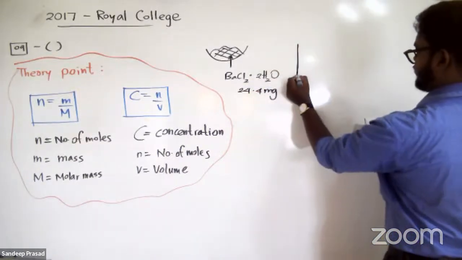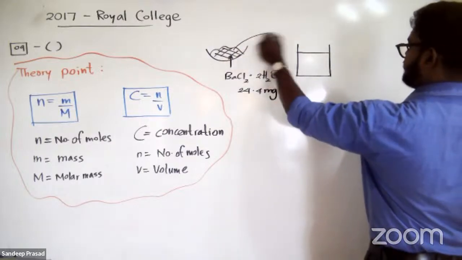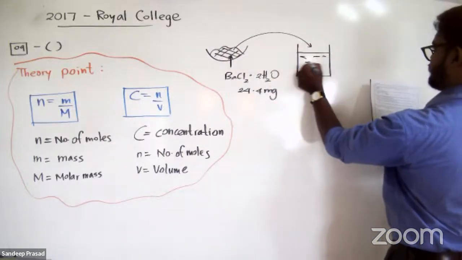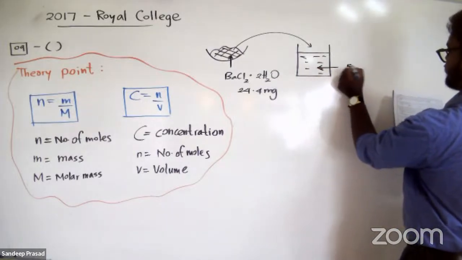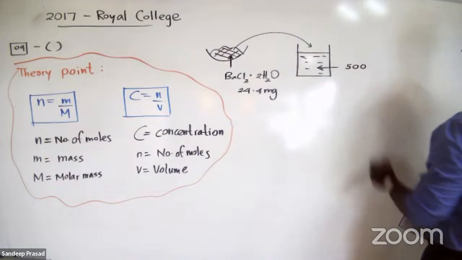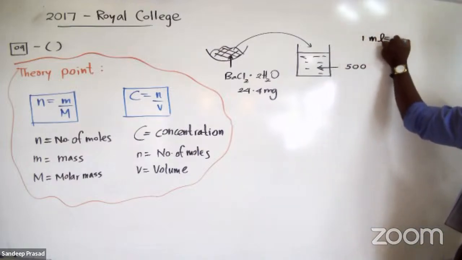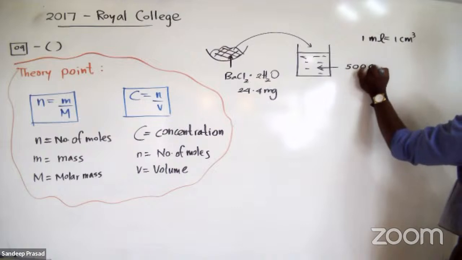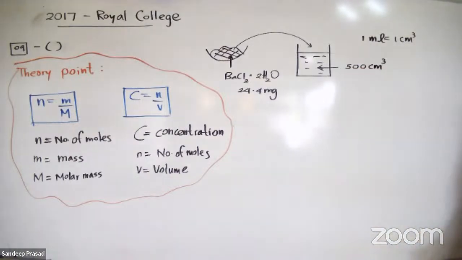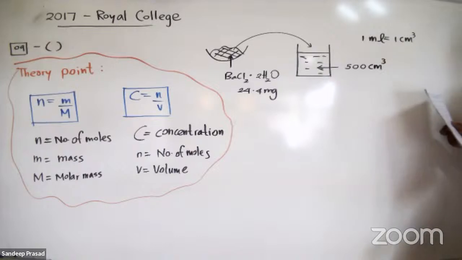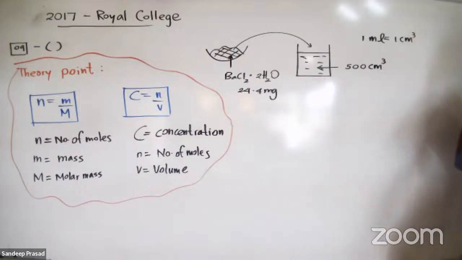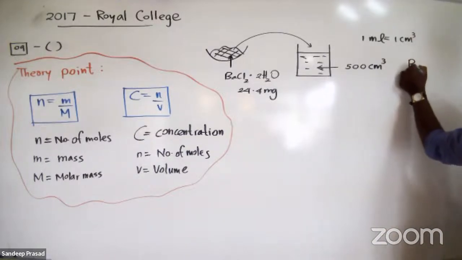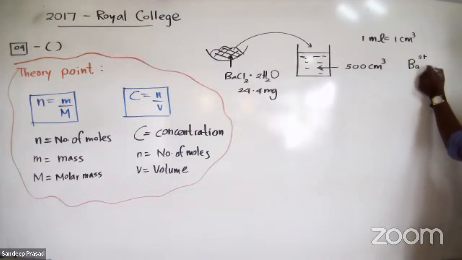They dissolved this sample in water and diluted it up to 500 milliliters. We know that 1 milliliter is equal to 1 cubic centimeter, so I will write this as 500 cubic centimeters. Now they're asking for the barium 2+ content in ppm.